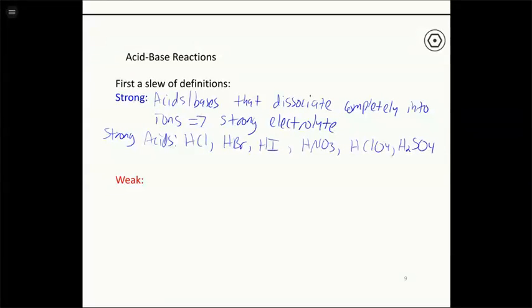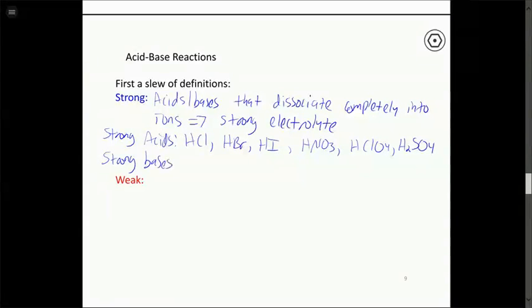There are some other more esoteric ones that we won't see. And then the strong bases are going to be basically your soluble hydroxide compounds. So any hydroxide that's soluble. Now, as we talked about, there's a lot of insoluble hydroxides. So the ones that are soluble are going to be the ones that are paired with group 1A. So lithium, sodium, and all those.